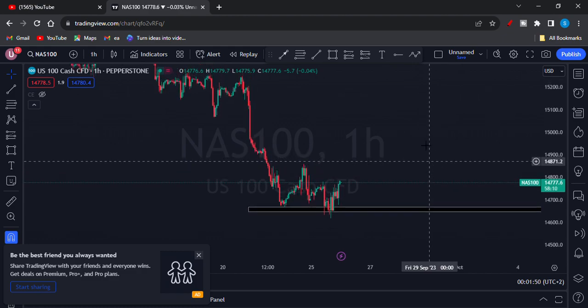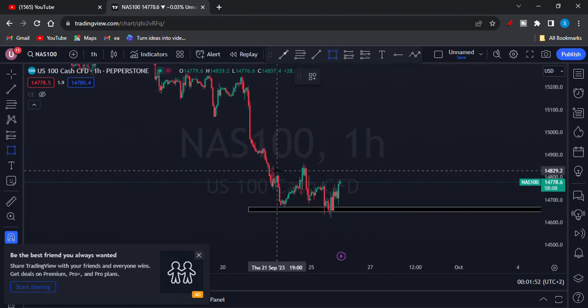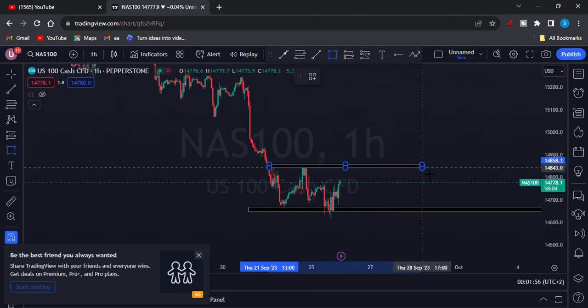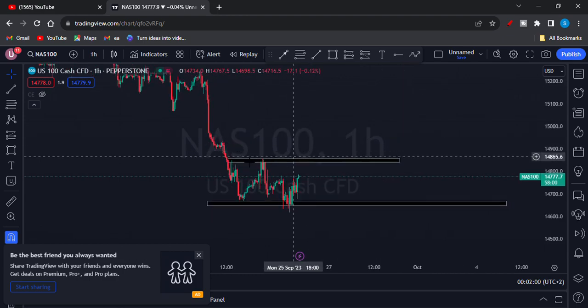On the hourly, we also have this resistance area right there. So right here.